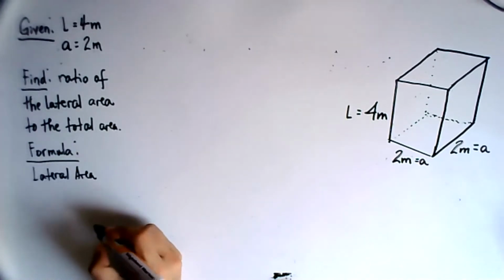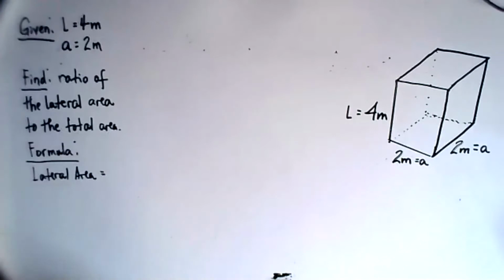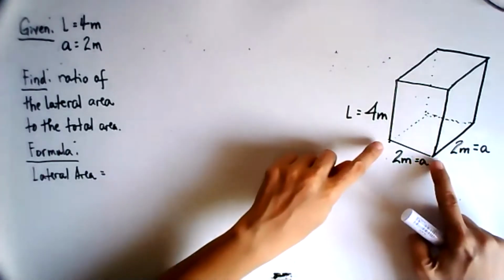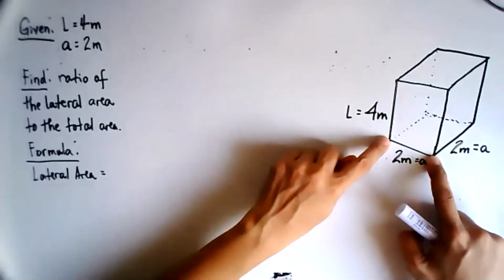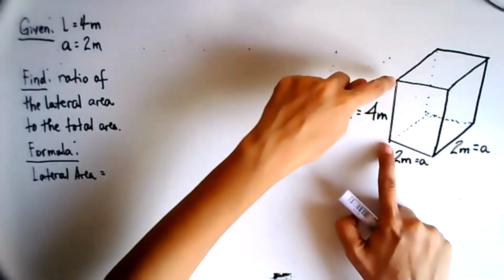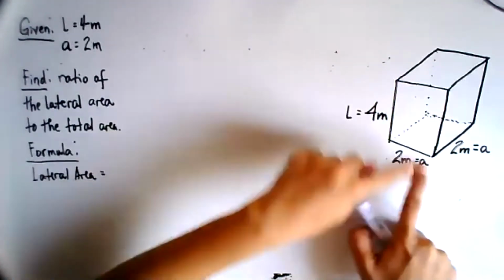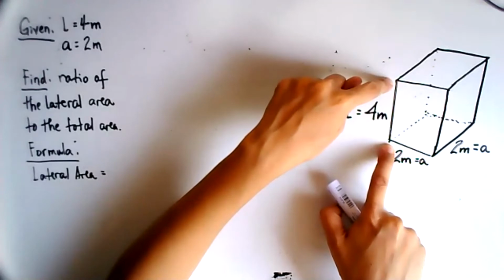Lateral area will be equal to what? You have 2 meters multiplied by A multiplied by L is area of one lateral face, diba?